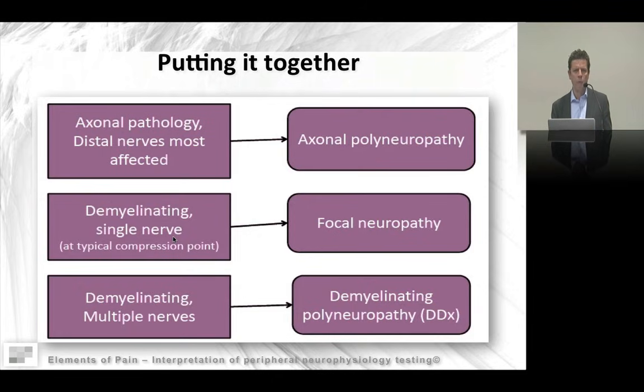If we see focal demyelinating changes in one nerve, in one place, then we have a focal neuropathy, such as carpal tunnel syndrome or an ulnar neuropathy at the elbow. If we see the rarer outcome of multiple demyelinating changes in different nerves, in different locations, we've got a demyelinating peripheral neuropathy.